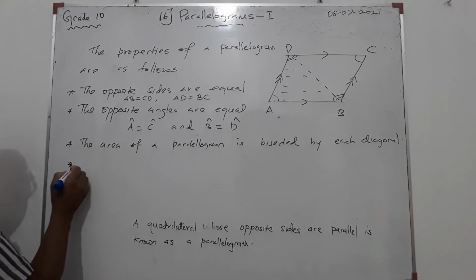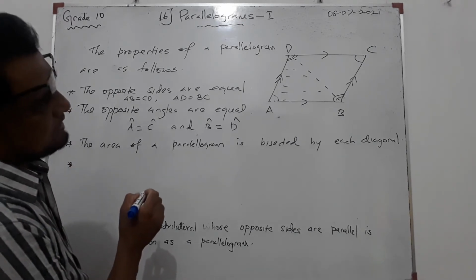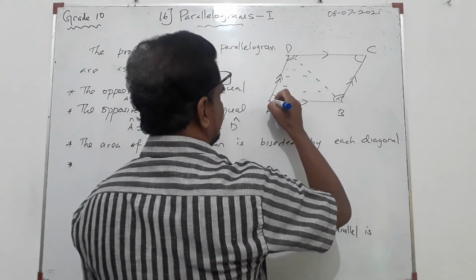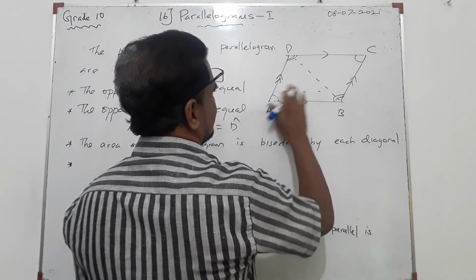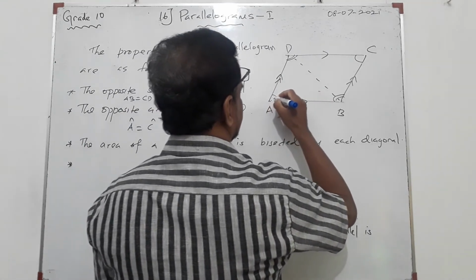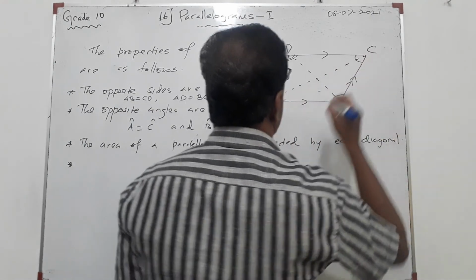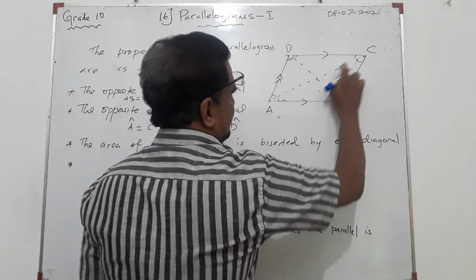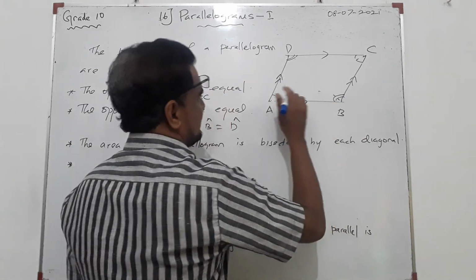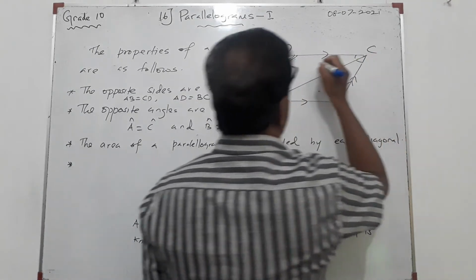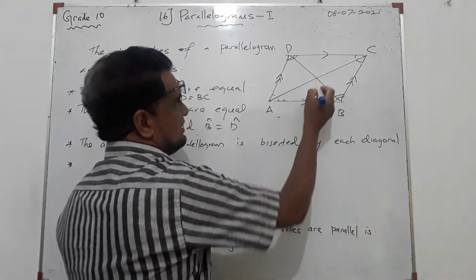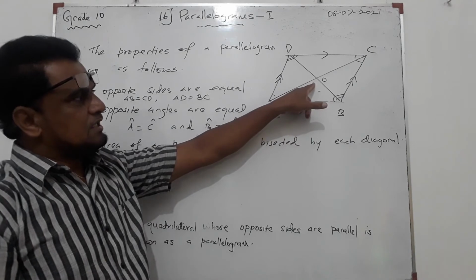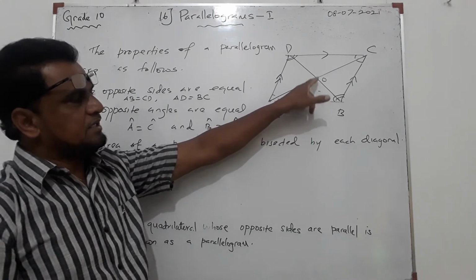The final property: there are two diagonals. Connect means you can draw the complete straight line, right? You can draw the two diagonals so as to meet at a point O.